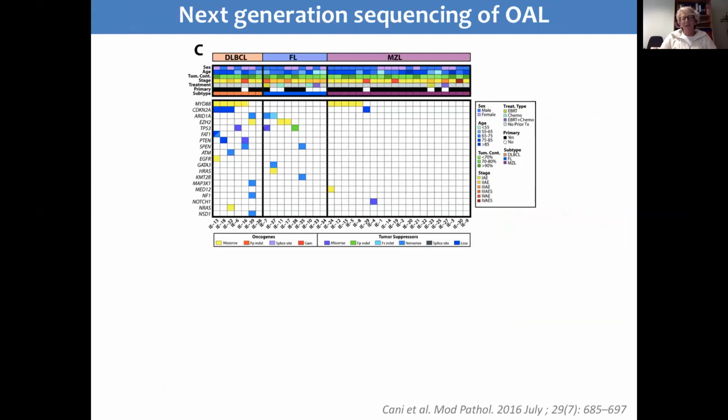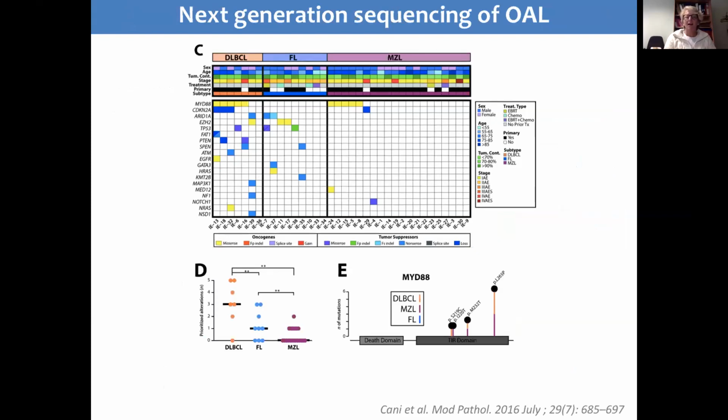So there are fancier techniques which exist, not so much within diagnostics, but within the research area. They are next generation sequencing panels, which have been designed also for the ocular adnexal lymphomas. This was work done by Gandhi and co-workers in the States, where they designed a next generation sequencing panel with all these different genes to help differentiate between the marginal zone B-cell lymphomas, follicular lymphomas, and diffuse large B-cell lymphomas.